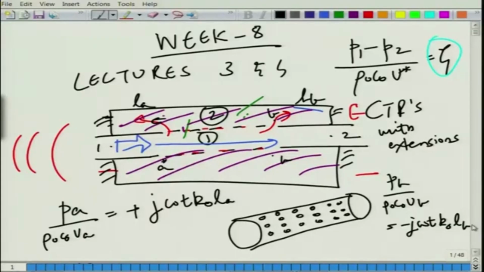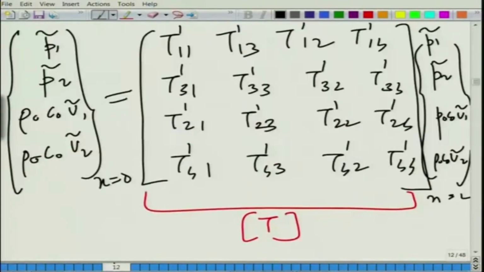Now with these conditions, we are good to proceed ahead, and let us get back to our equations.